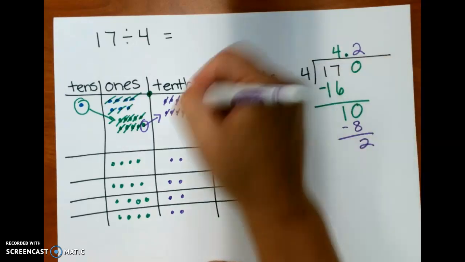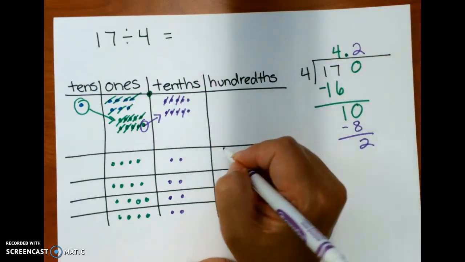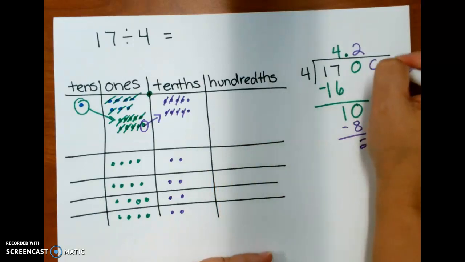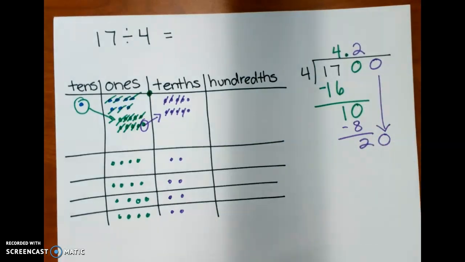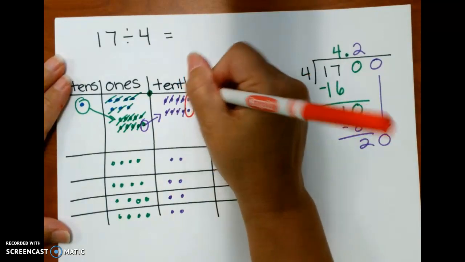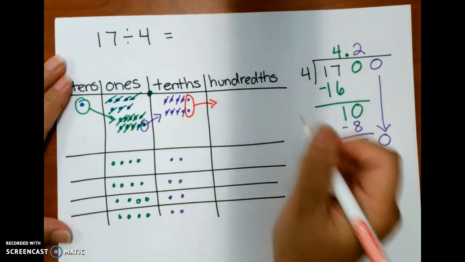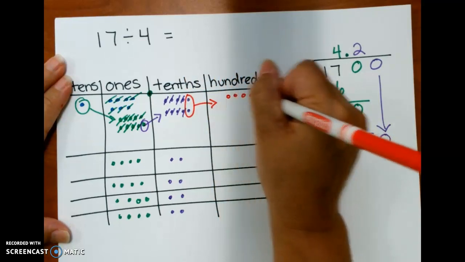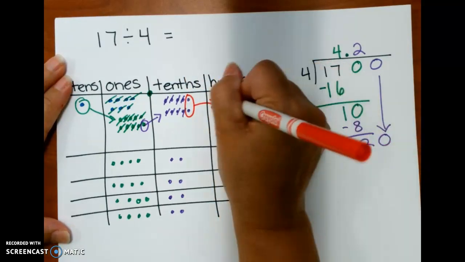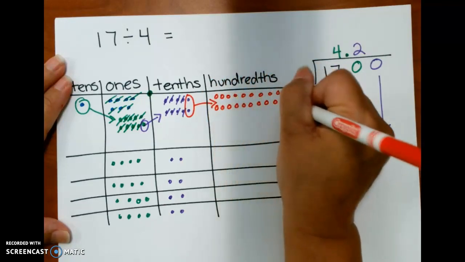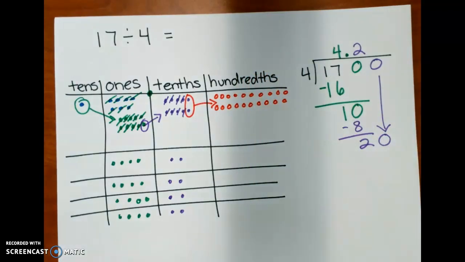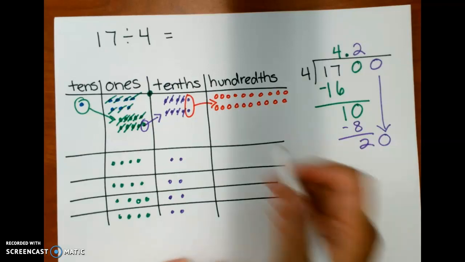And because I have 2 left and I can turn 2 tenths into 20 hundredths, I'm going to do that, bring down that 0. Now I'm going to take my 2 tenths and move them to my hundredths. So now I have 20 hundredths. I can divide my 20 hundredths into 4 groups and have 5 in each group.